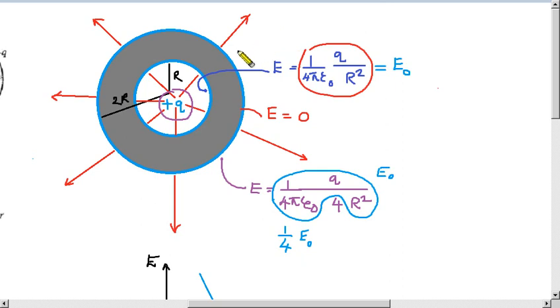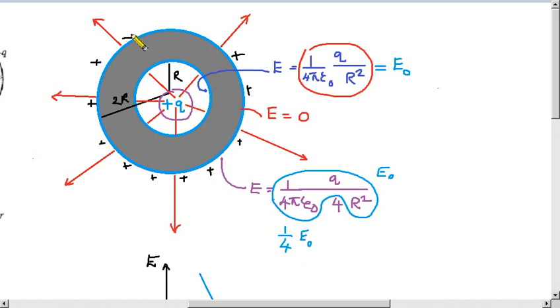So now let us mark it here, positive q. But that positive q is not staying at this place, only at this place. It spreads like this. It is not a single charge. So the positive q charge spreads along this surface like this.